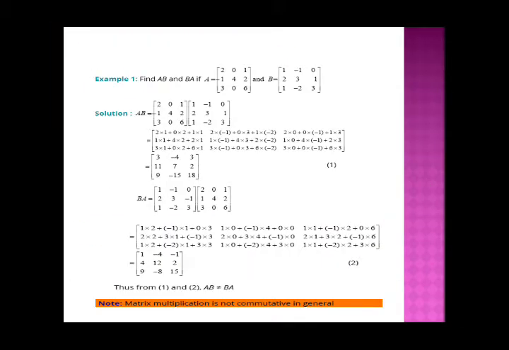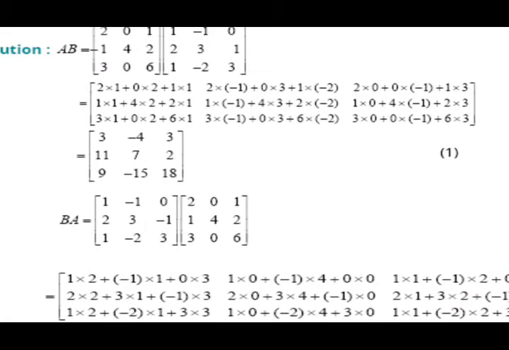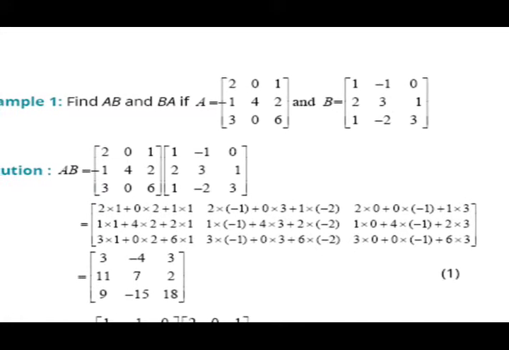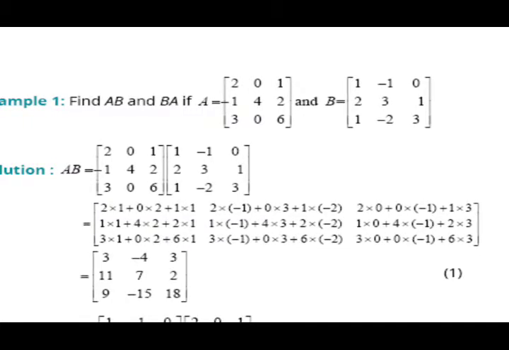Next here is an example. We have two matrices A and B, and we find AB and BA. In matrices, order is very important.